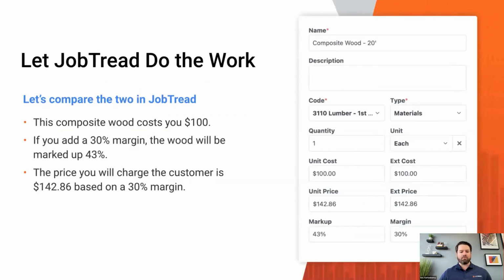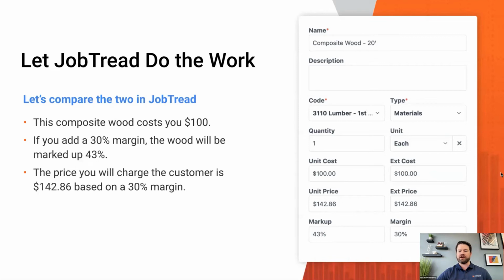That's one of the reasons why in JobTread we ended up building the tool so that it would essentially calculate the price for you. We understand that for a lot of people, it can be a bit of a transition to go from using markup for a long time to switching over to margin. So we do still show you both of them.